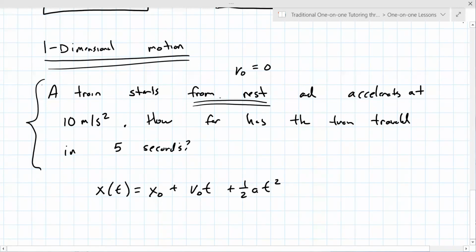From rest means it's not moving. Is that okay? So the initial velocity is 0. Yes. Wait, so that's the formula? What's this? Well, we're going to use this formula for this problem.